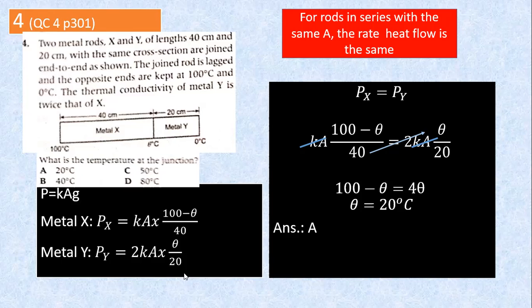Teacher, how did 100 minus theta equals 40 theta become 20? What do you mean become 20? Below there is your answer. This one, take across there, it becomes 5 theta. 5 theta equals 100, 100 divided by 5 is 20.